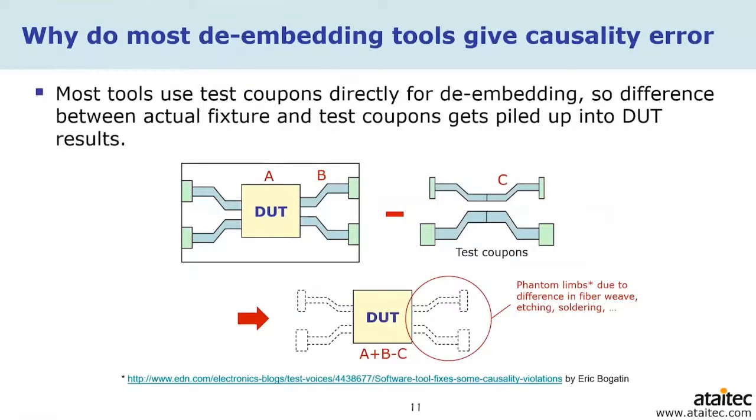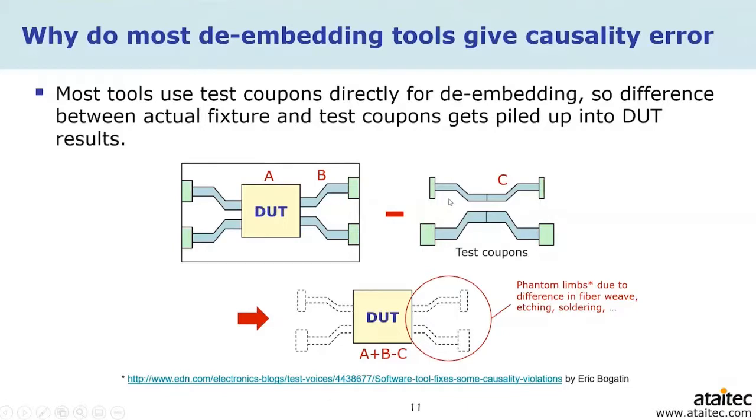Now, why do most de-embedding tools give causality error? In the past many years, people have been using separate calibration structures, or you can say test coupons, to do the de-embedding.